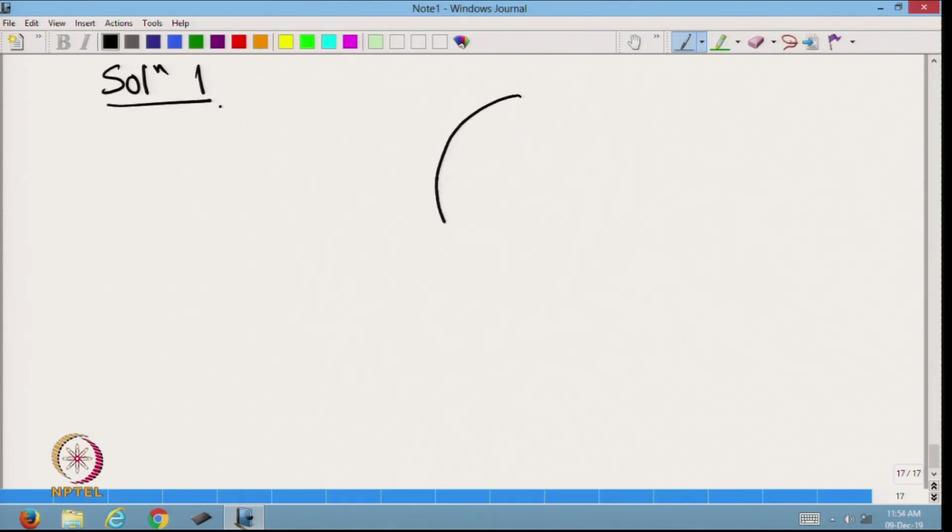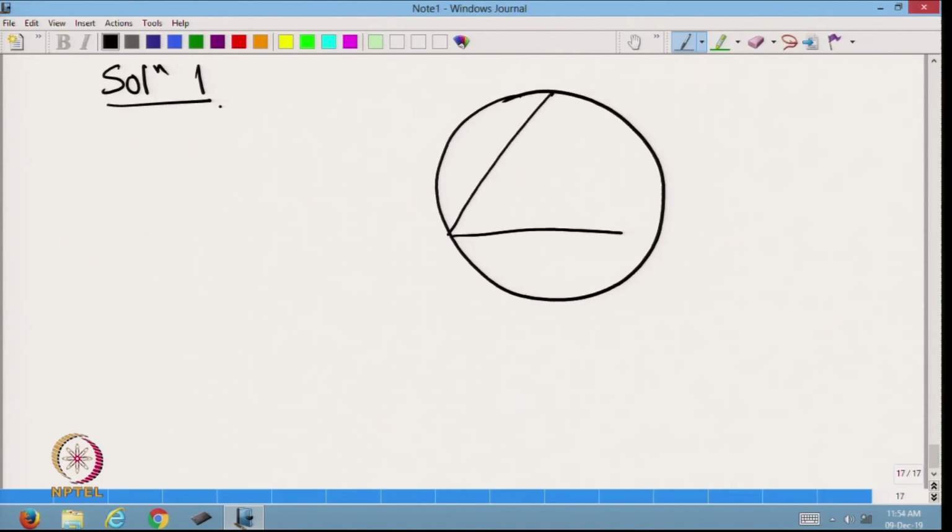So, we have this circle, we have this equilateral triangle, let this triangle be ABC, and we are drawing a chord.